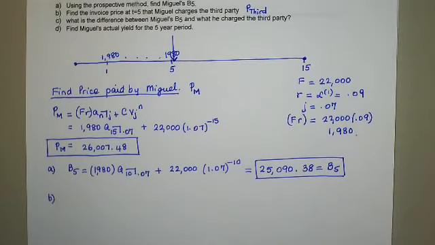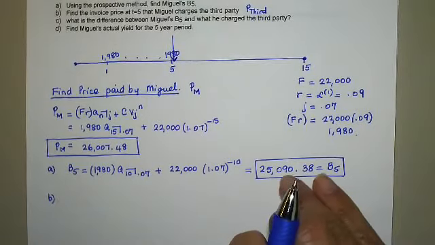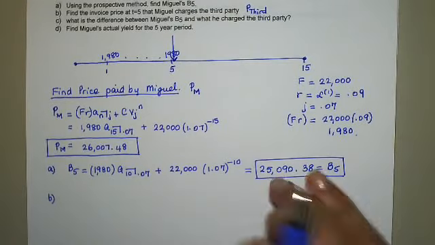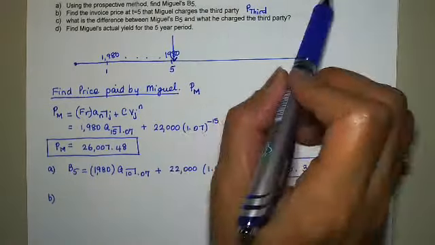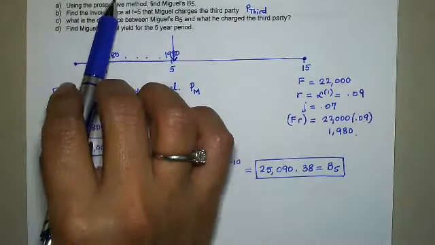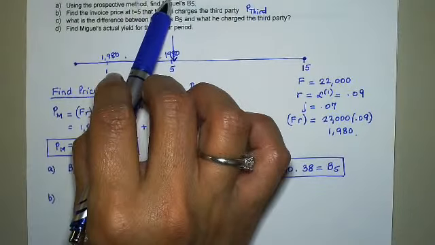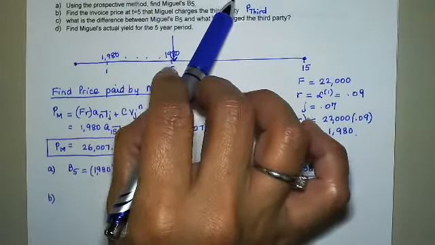Part B. Find the invoice price at t equals 5 that Miguel charges the third party. Now, we have to be careful because Miguel is not charging the third party this.